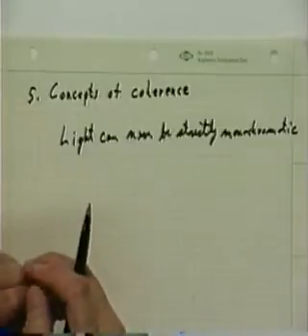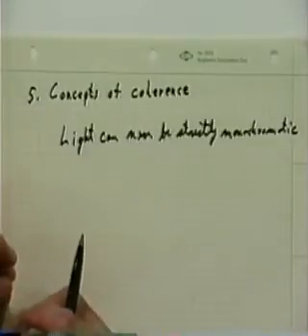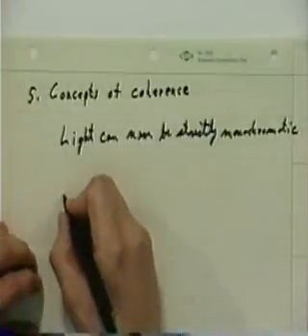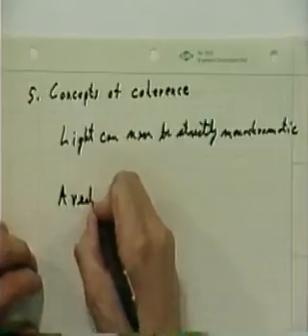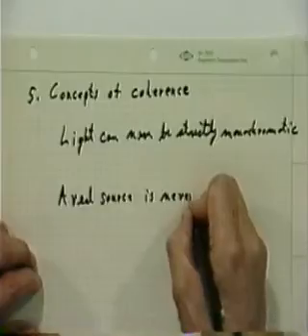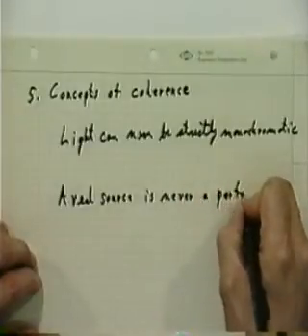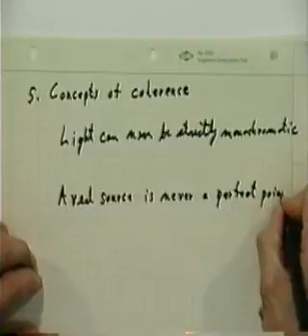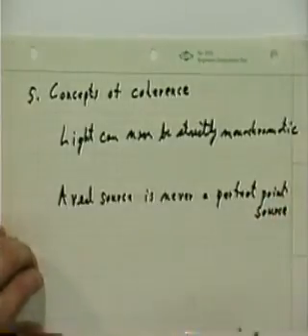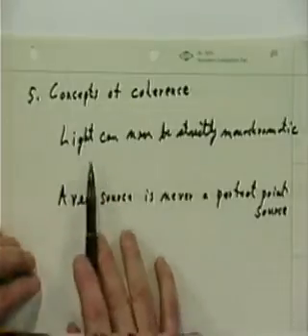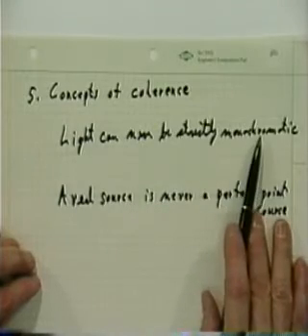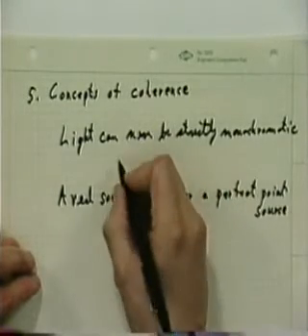And the other thing is that a real source is never a perfect point source. And so this really leads us into coherence. And when we talk about the effects that the light is not strictly a single wavelength, we'll be talking about temporal coherence.